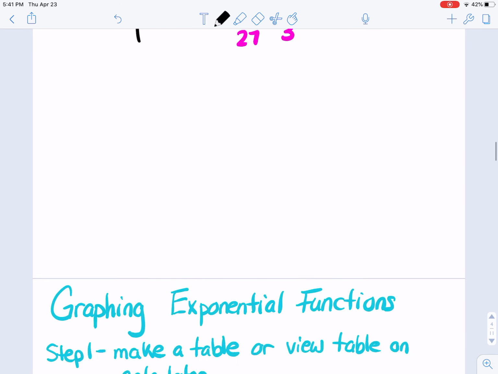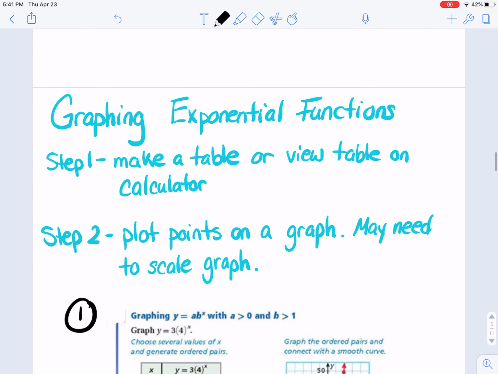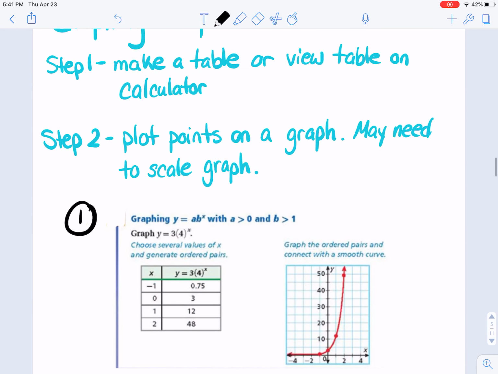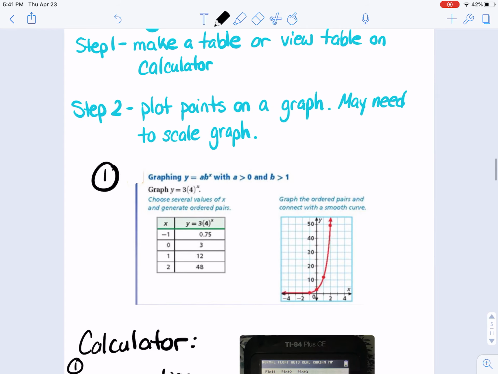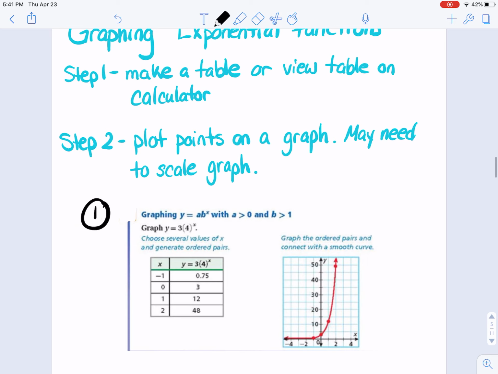All right, now we're going to get into graphing. When you're asked to graph an exponential function, for step 1, you are going to make a table on your own, just like we were making a table. What you'd have to do here, for example, for this one, is pick some points. Again, I'd say 4 to 5 points is what you're going to need in order to plot and actually see that full curve.